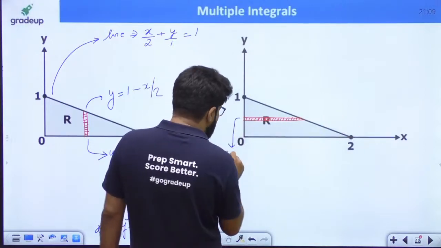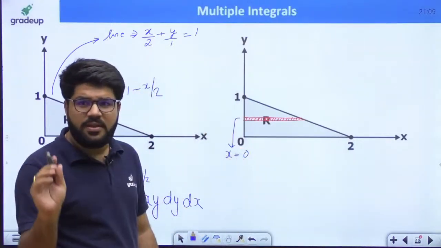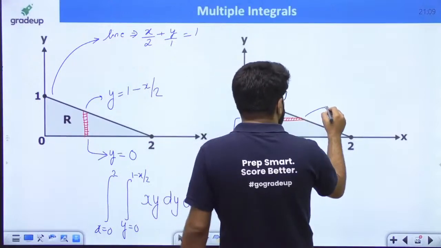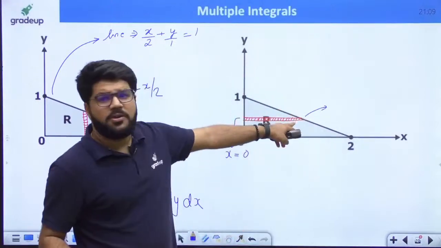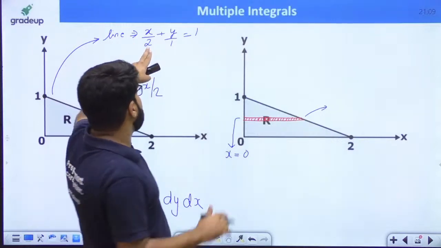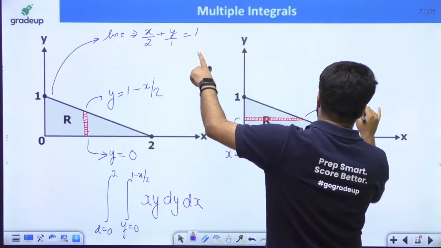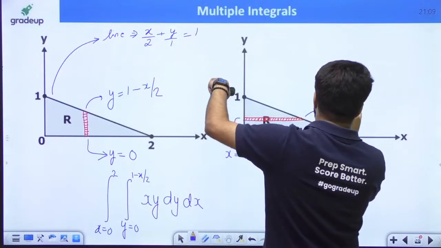Horizontal direction is x, so the strip is starting from the y-axis. On the y-axis x is always 0, and the rightmost point of the strip is lying on the straight line, and according to the straight line, what will x be equal to? x will be equal to 1 minus y, and then the whole multiplied by 2.